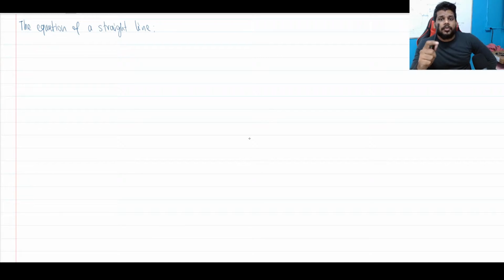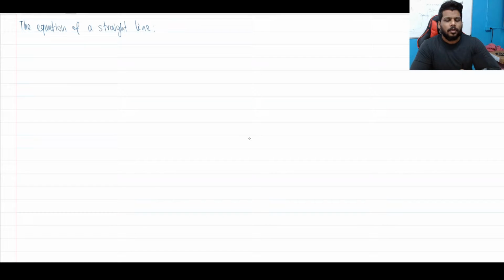Equation of a straight line requires some subject of the formula work or solving for a variable in a linear equation. So I will recommend that you go back into the previous videos, look for the one where we solved linear equations, and you'll get a better understanding of how we're solving for the equation of a line moving forward.